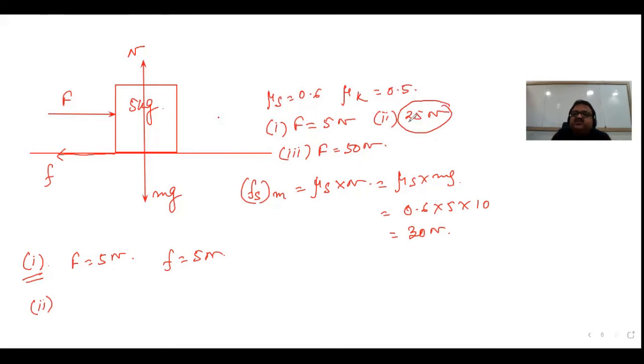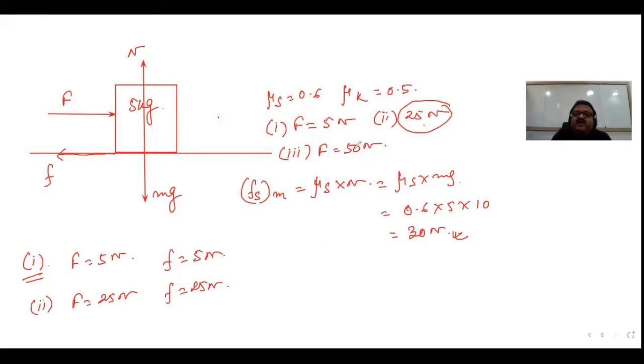Look at this, the limiting friction is 30 Newton, so this force is also below it. Clear? So 25 Newton is less than this. In this case, F is 25 Newton and limiting friction is 30 Newton, so the force of friction is equal to the applied force, which is equal to 25 Newton.